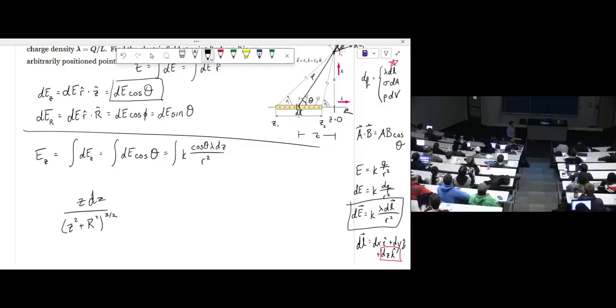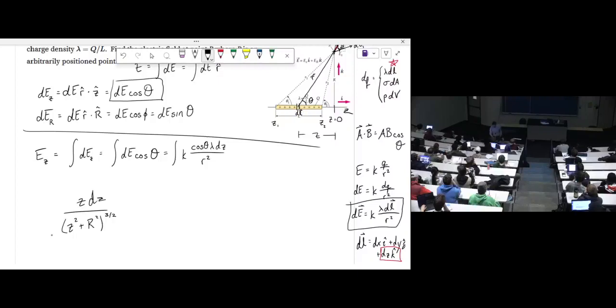In which case, if you had followed all of your trig correctly in terms of writing cosine theta in terms of z and big R, then you could look this integral up. I am perfectly fine if you ever find an integral in my class that you feel like you have to work out yourself. Use an integral table or use Wolfram Alpha to solve that integral.